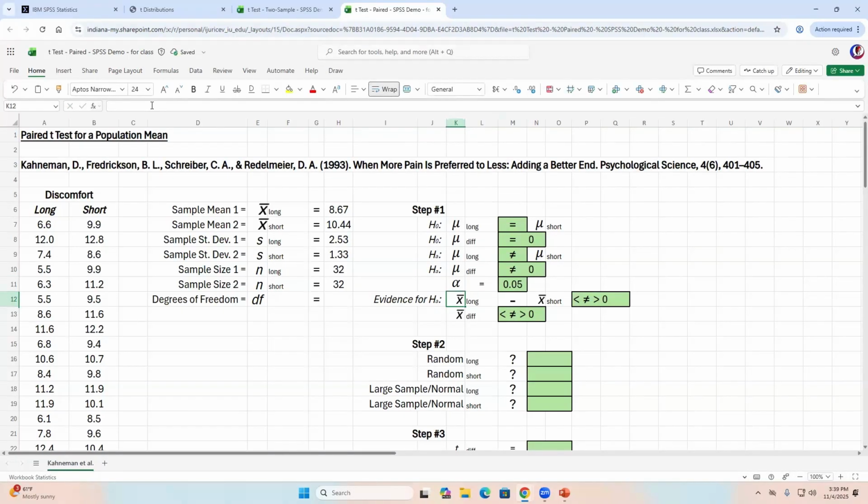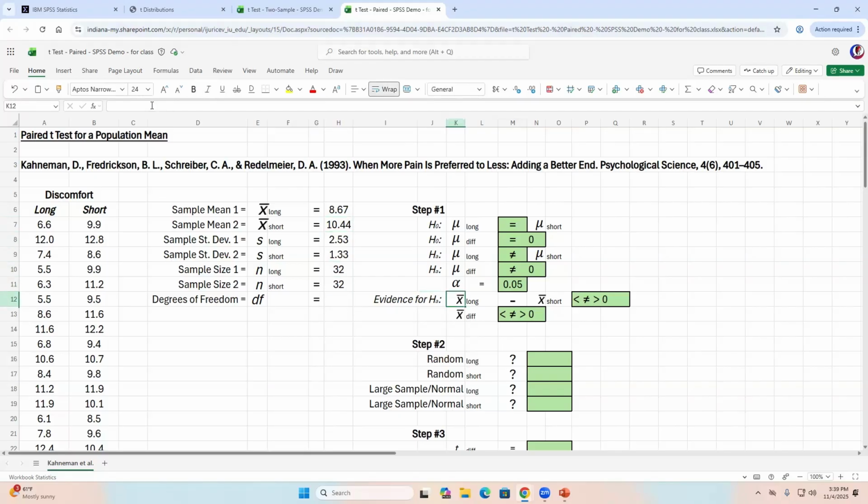And then the evidence for our alternative hypothesis is that if you take a look at the means up here, the sample mean for the long exposure was 8.67 out of the 14-point scale on discomfort. For the short duration, it was 10.44 out of the 14-point scale for discomfort.